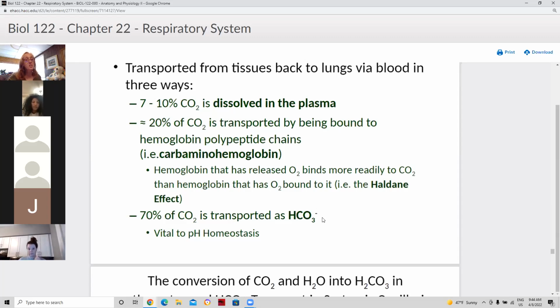So it's vital to pH, because if you increase the amount of base, what happens to the pH? It becomes more alkaline. So that's why this is vital to pH.